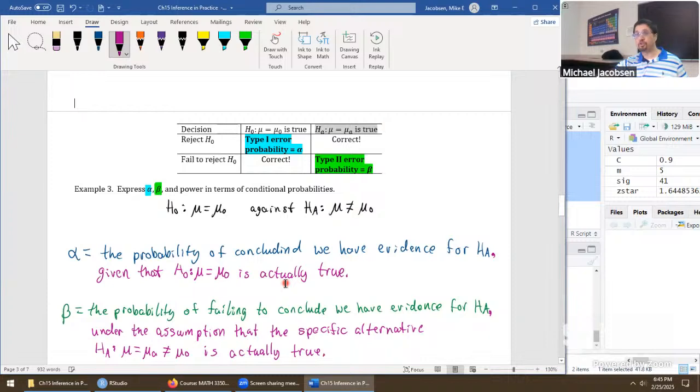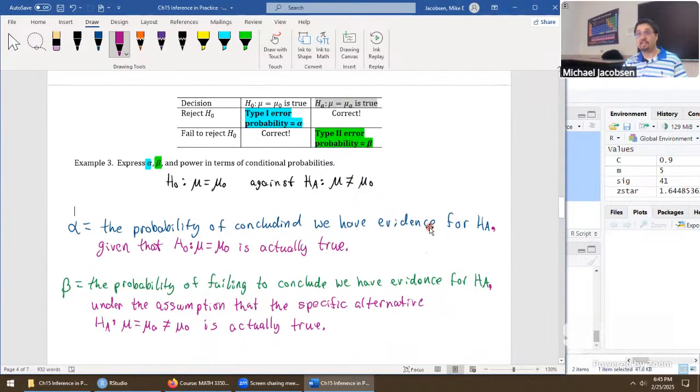And when we say actually true, we mean it's the literal truth of the population. And for beta, we're saying that is literally the truth of the population, that one specific value we put in there is the correct value. So that's what beta computes altogether.